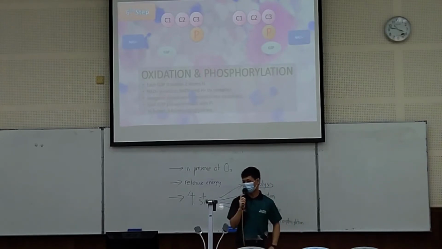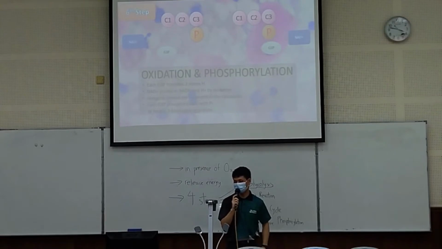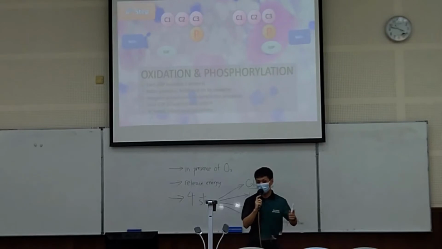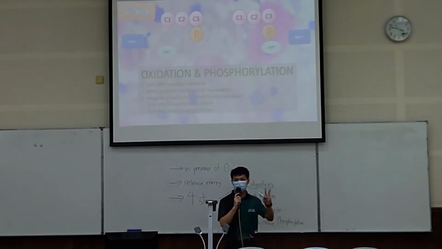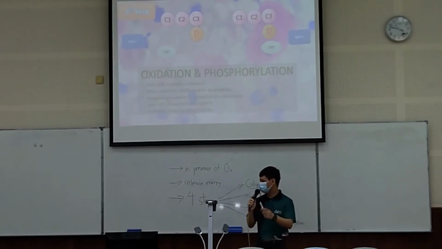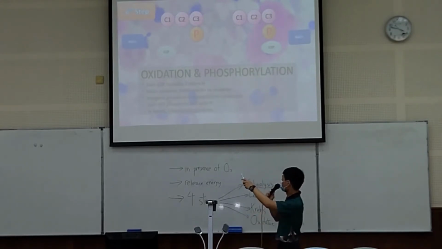During the oxidation stage of the 6th step, our G3P, remember, we had 2 G3P from the 5th step. Each of them is going to transfer 2 hydrogen atoms to what? To NAD+, which is why they are present here. Can you see the NAD+?